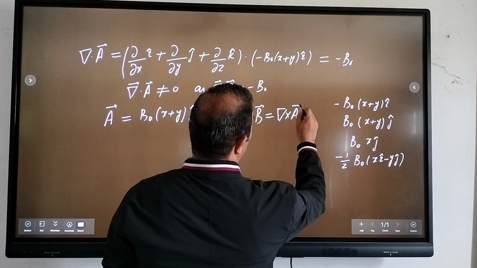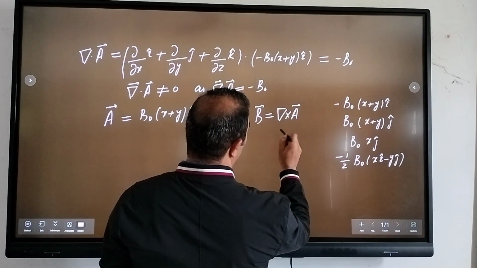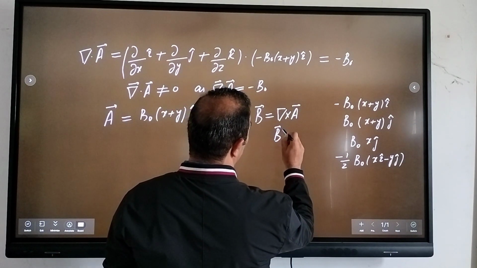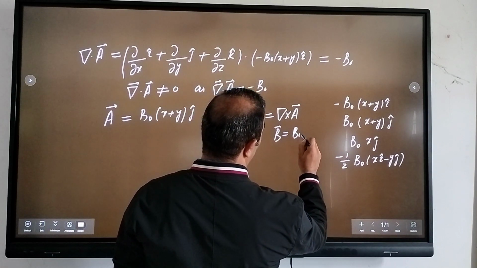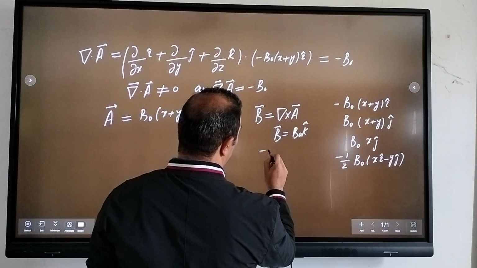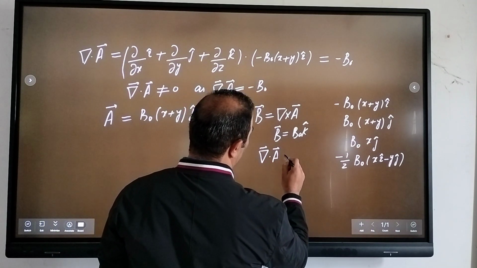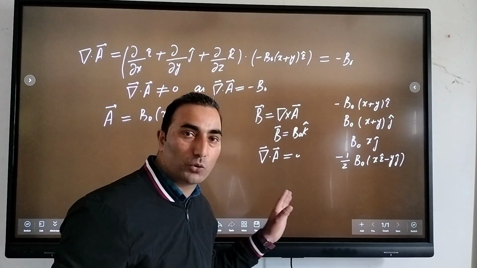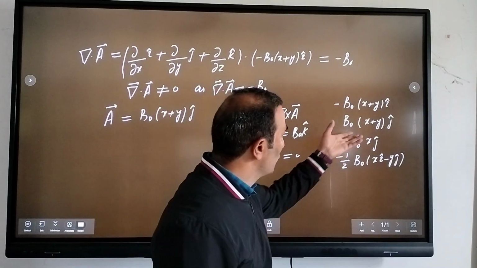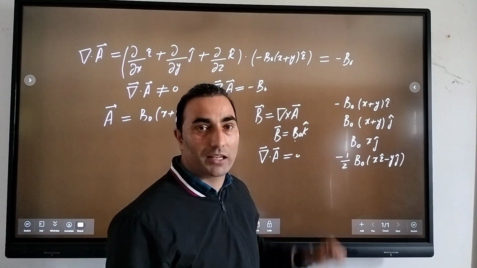That means जो हमारा magnetic field क्या आना चाहिए, क्योंकि हमने already assume किया कि जो हमारा magnetic field है, that should be B₀ k cap, ठीक है. So first this condition should be satisfied, and second, ∇·A should be equal to 0. तो ये दोनों कंडीशन satisfy होनी चाहिए. Then we can say that we can choose this kind of vector potential so that our magnetic field will be B₀ k cap, right?